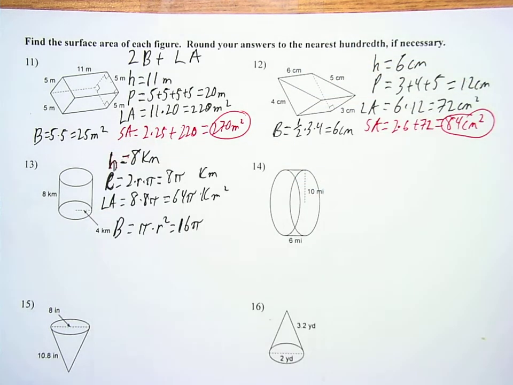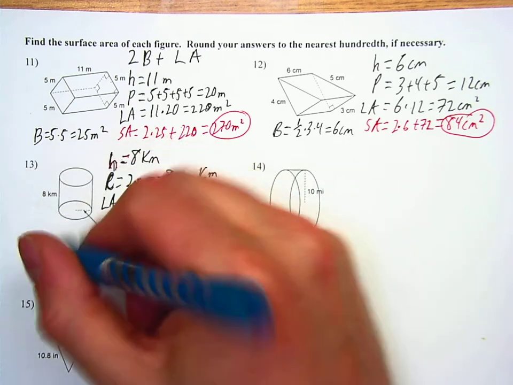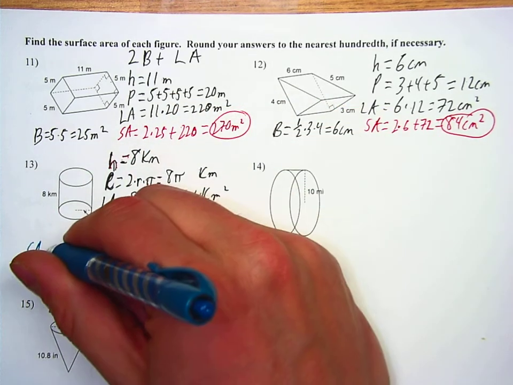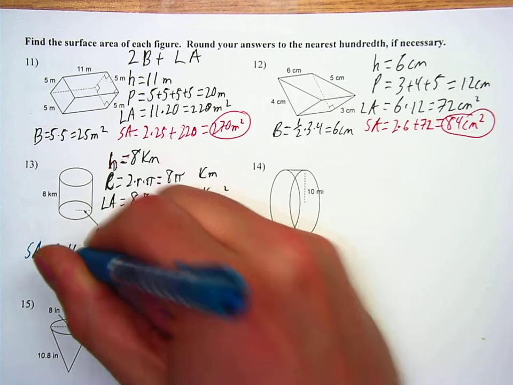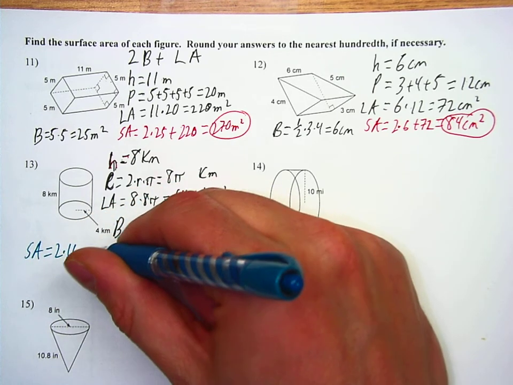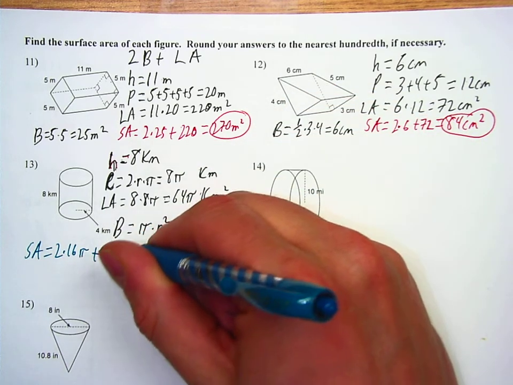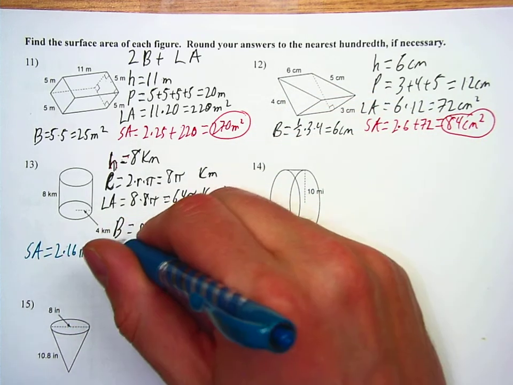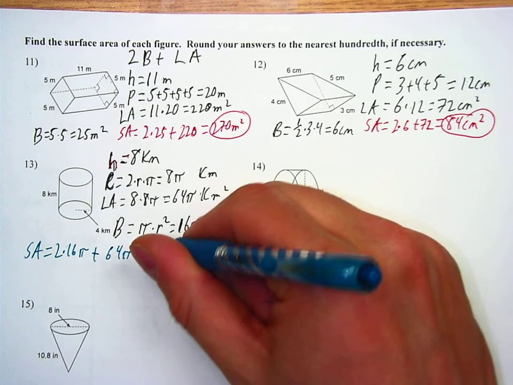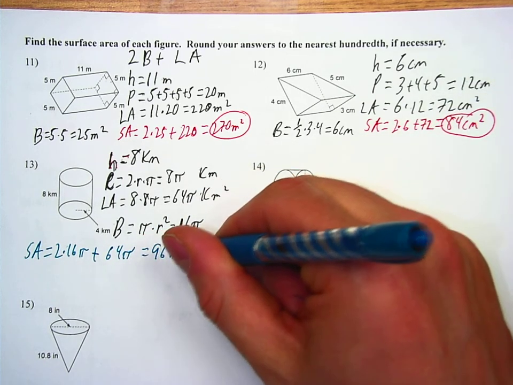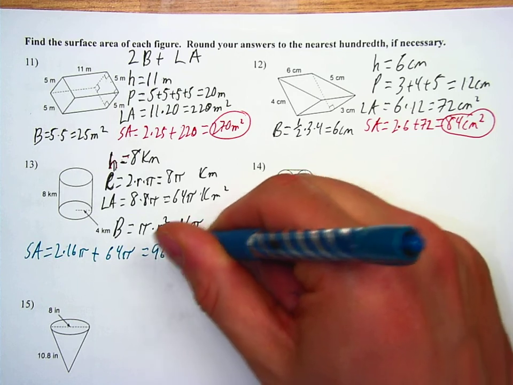And then to get the surface area, I will take 2 times the area of the base, so 2 times 16, which is 32 pi, plus the lateral area, 64 pi. So 32 and 64 is 96 pi total in terms of its area, square kilometers.